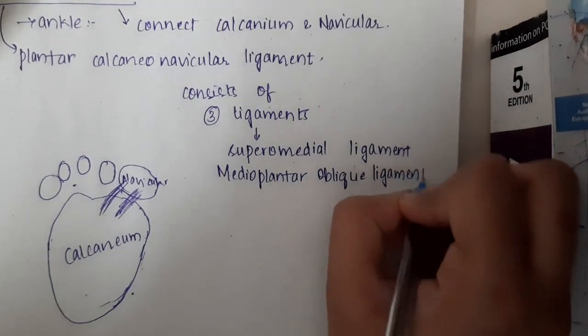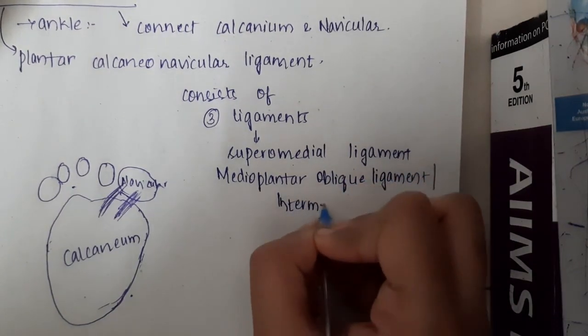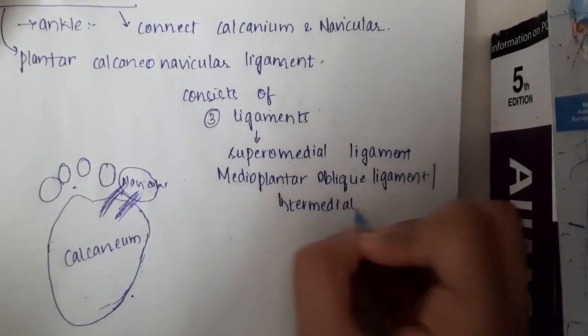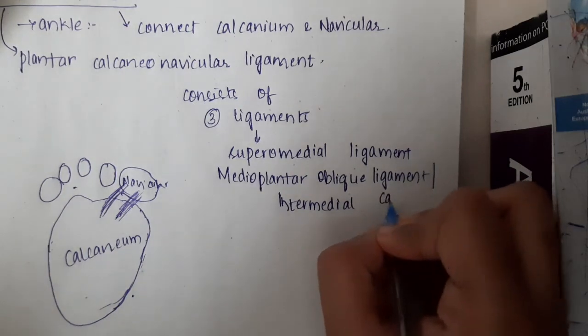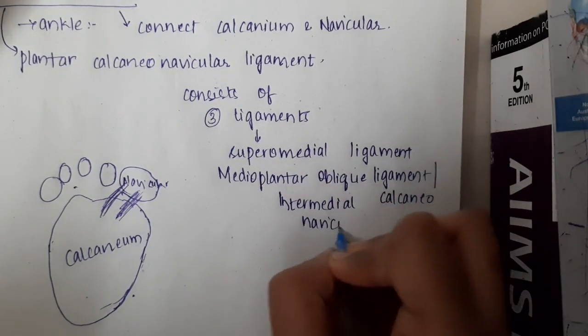This medioplantar oblique ligament is also called the intermediate calcaneonavicular ligament.